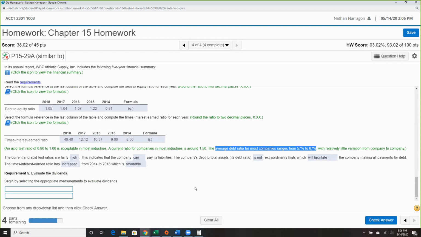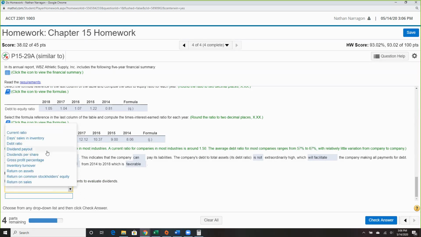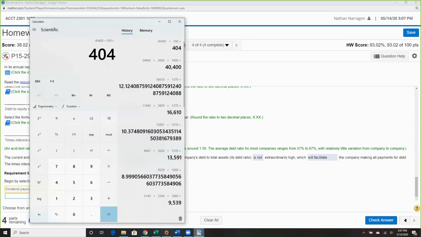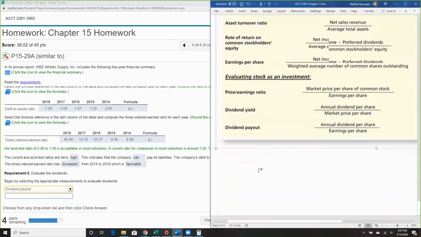Now we evaluate the dividends, which we know is dividends yield and dividends payout. Does it look like it has both of those? At least dividends payout. So what was the third one?